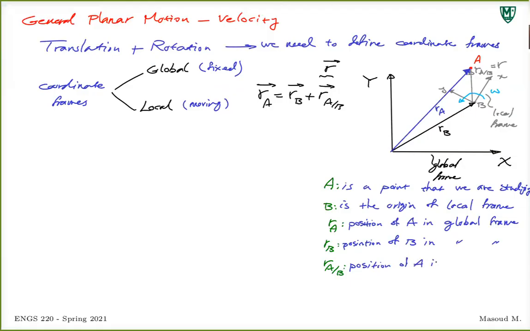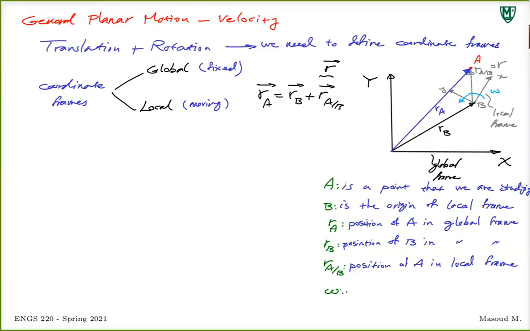Position of A in local frame. We also have omega, which is the angular velocity of local frame about B, about its origin.